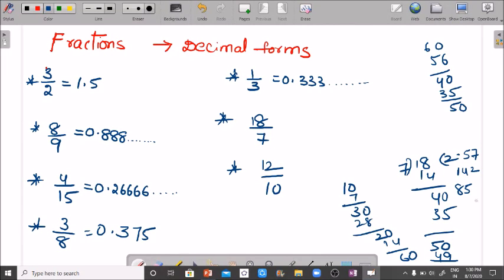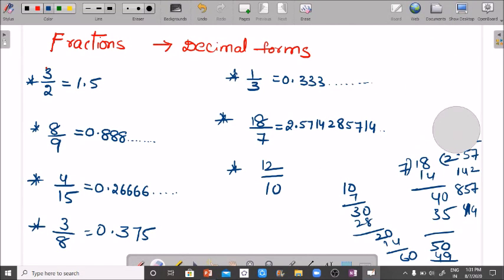Again 0, 50. 7 sevens are 49, remaining 1. Add 0, 7 ones are 7, remaining 3. Then 7 fours are 28, remaining 2. Then 7 twos are 14, remaining 6. Then 7 eights are 56, remaining 4. Then 7 fives are 35, remaining 5. Then 7 sevens are 49, remaining 1. 7 ones are 7, remaining 3, 7 fours are 28, remaining 2. The process continues. So the answer is 2.571428 and so on.